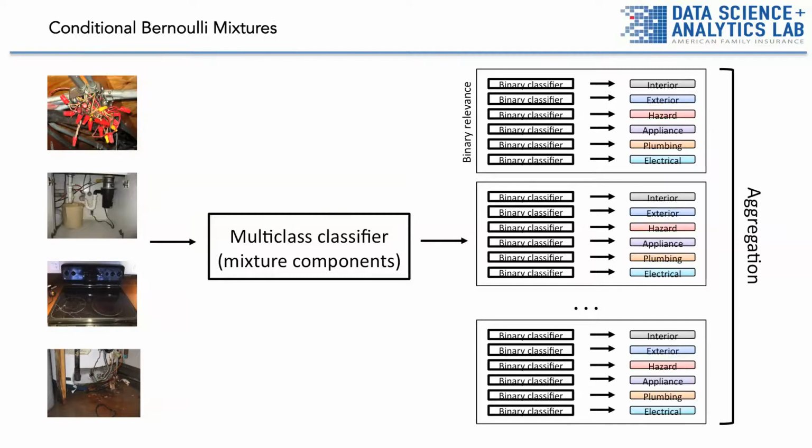So here's how that looks. We've got this sort of hierarchical structure to our model where we've got this multiclass classifier that we're training. Again, it could be whatever your favorite classifier is, subject to some constraints I'm going to talk about related to training. And then at the lowest level, you've got these binary relevance models, which are relatively simple, just independent binary models for each of the labels.